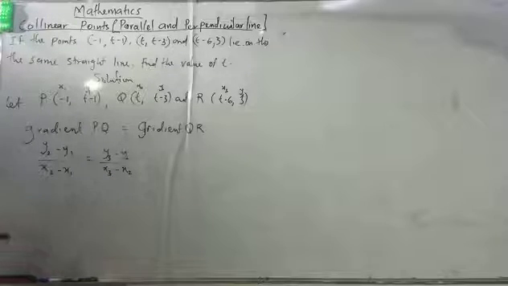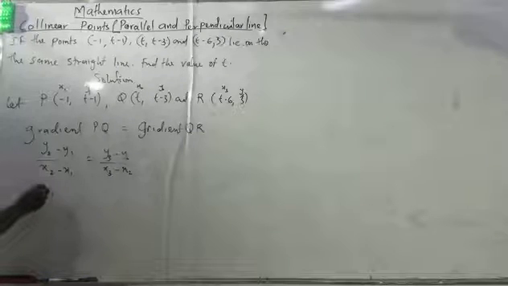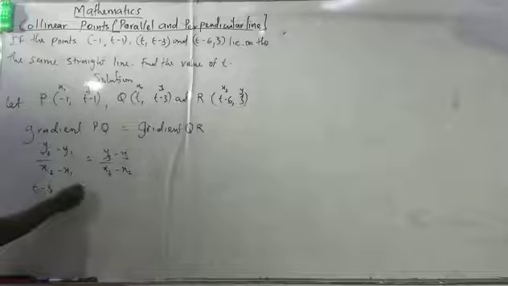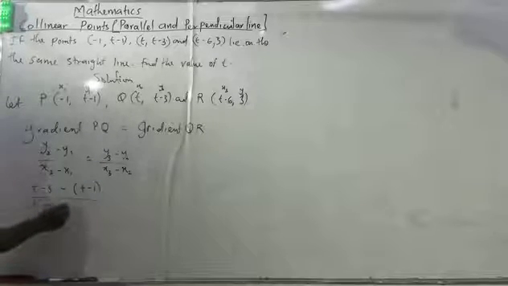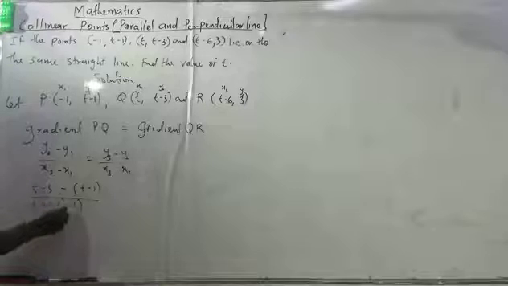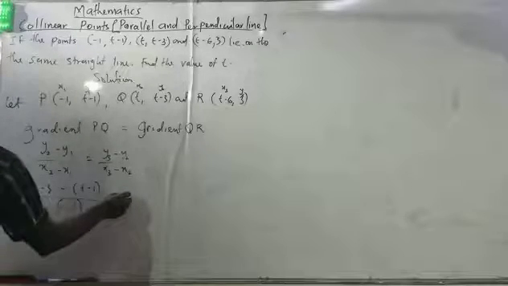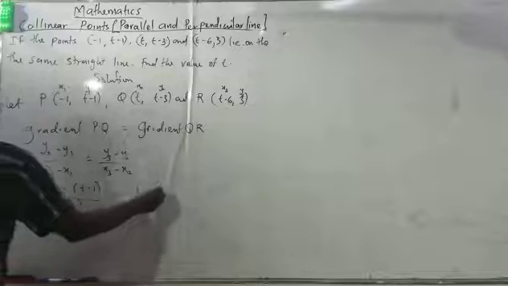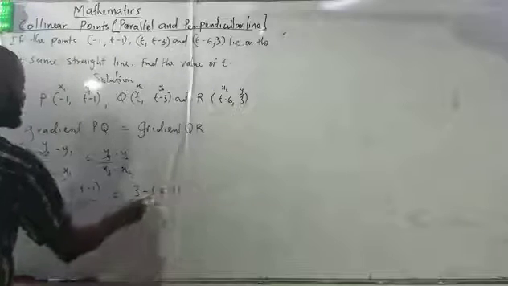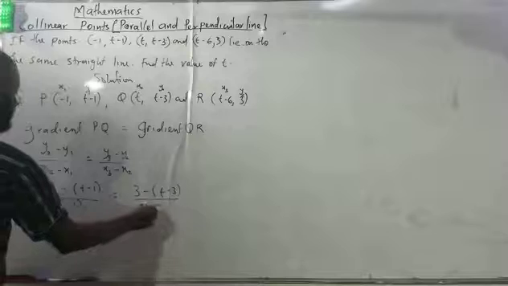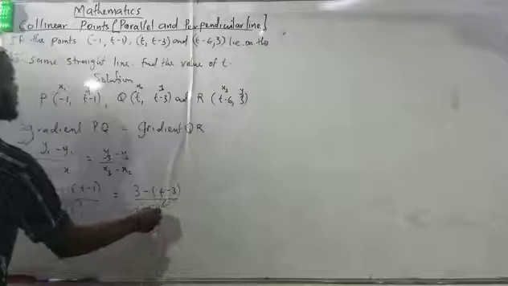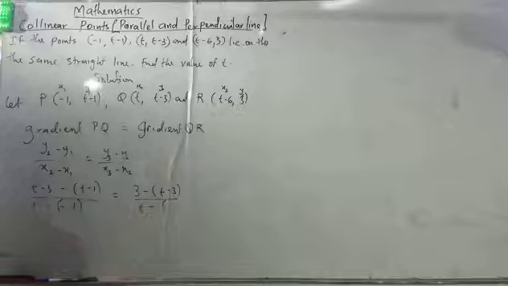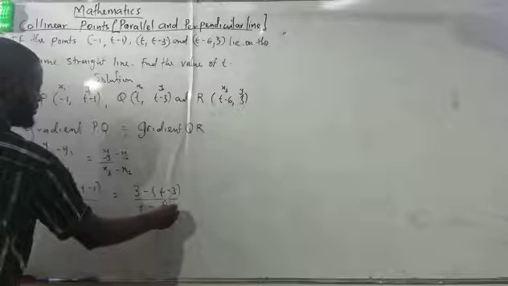From there, you can now move on, and from here, you'll be having t minus 3 minus bracket of t minus 1 divided by t minus 1, which will be equals to 3 minus bracket of t minus 3 divided by t minus bracket of t minus 3.